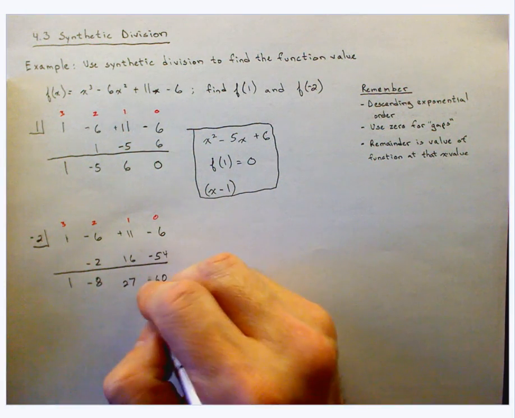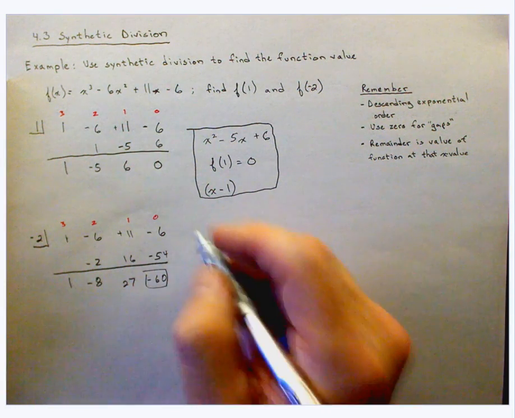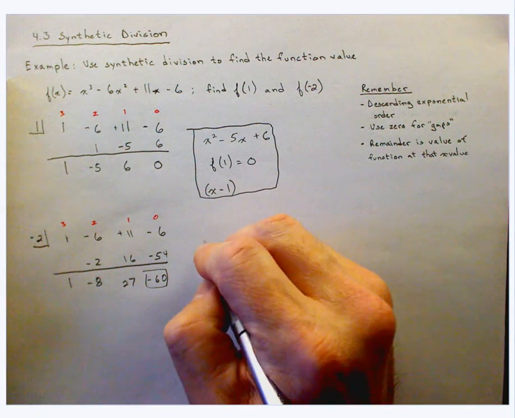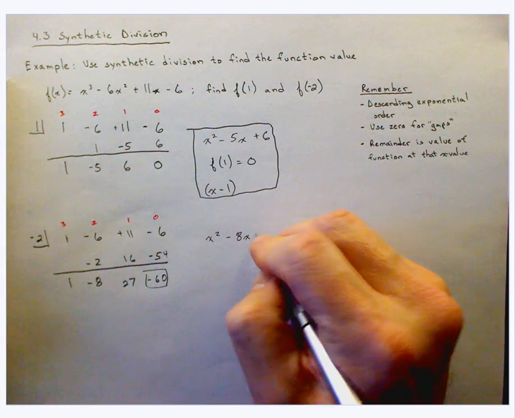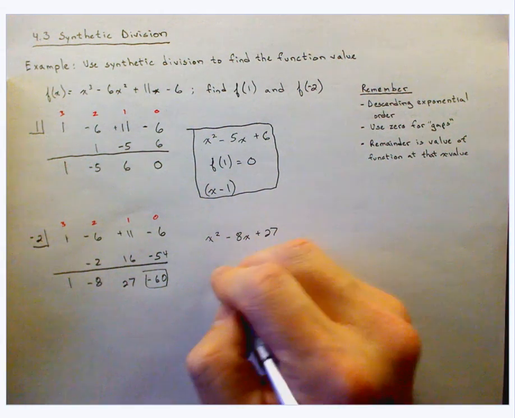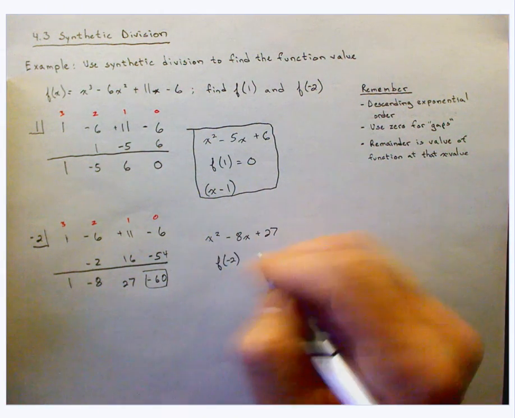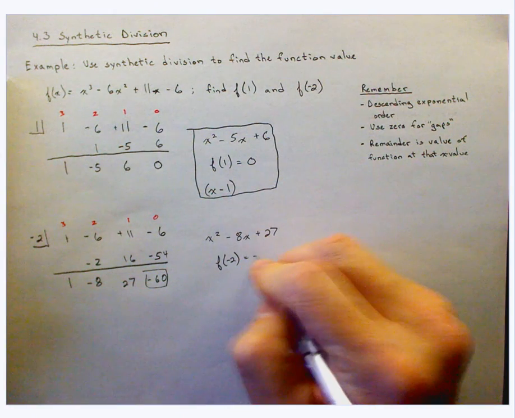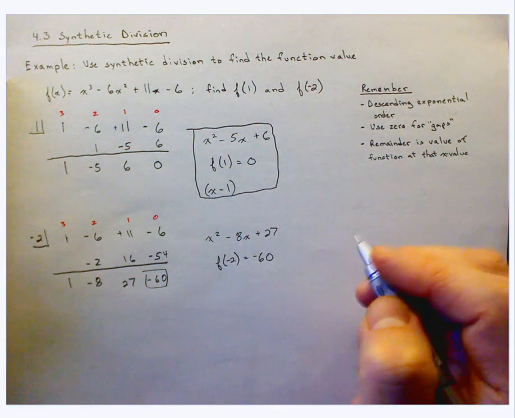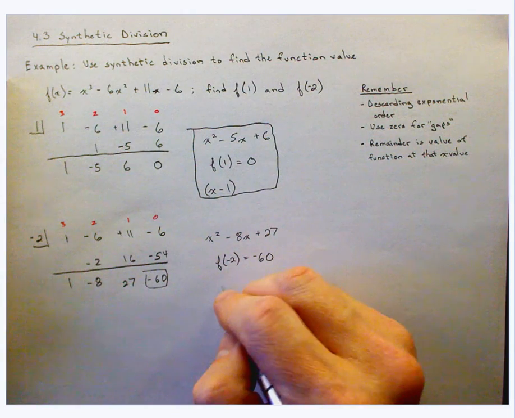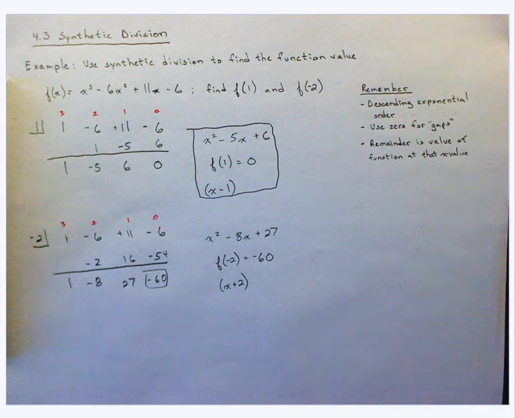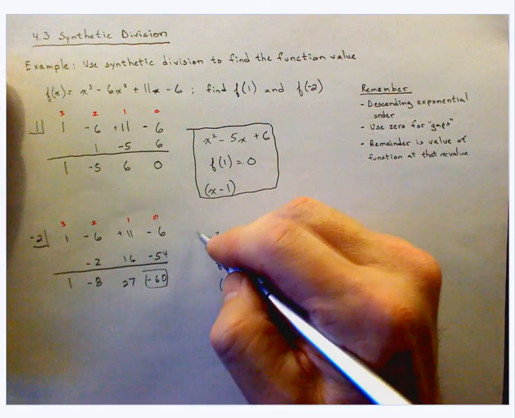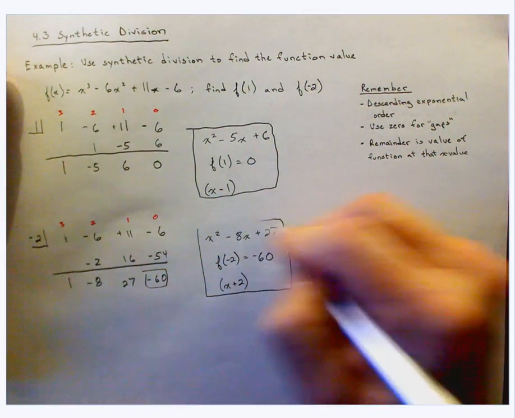I have a remainder of 60, and what I'm looking at is x squared minus 8x plus 27, and whenever f is a negative 2, my function value is a negative 60. And again, that is x plus 2. And it is not a factor to that polynomial. That is the information taken away.